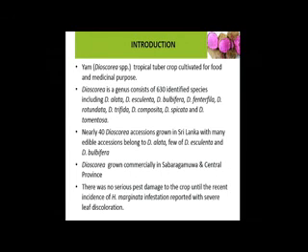These are grown commercially in Sabaragamuwa and Central Province in Sri Lanka, and there was no serious pest damage until Harpedona marginata infestation was reported with severe leaf discoloration. Infested leaves are highly prone to leaf diseases. Even death of infested seedlings has been reported.